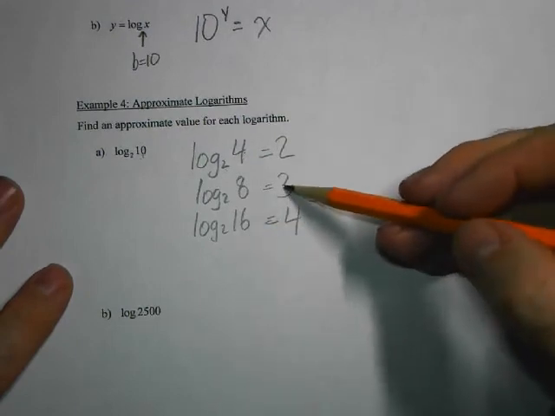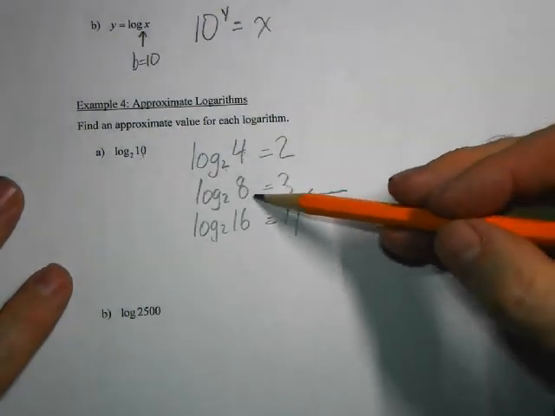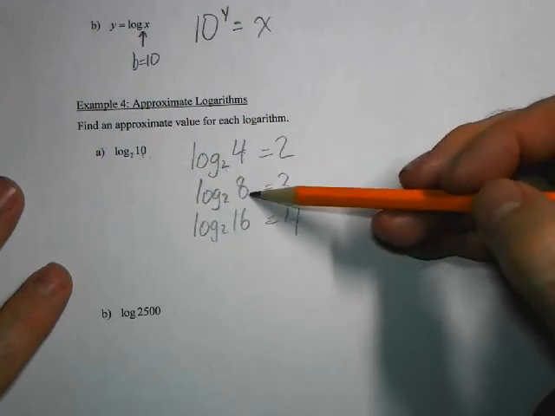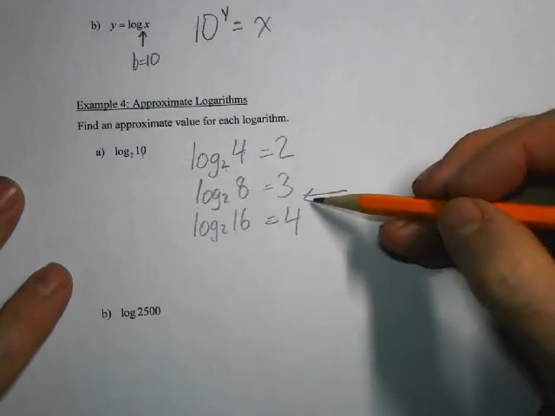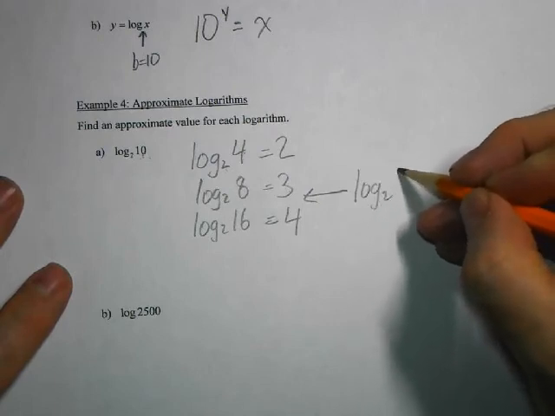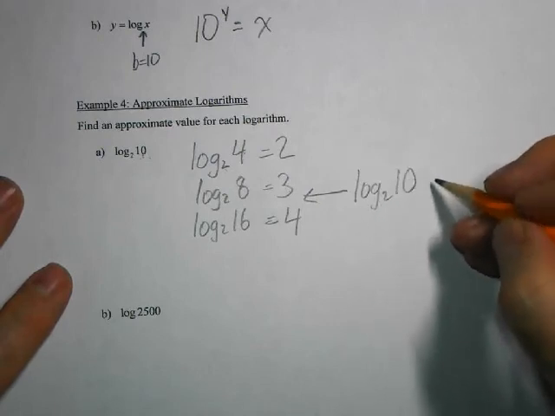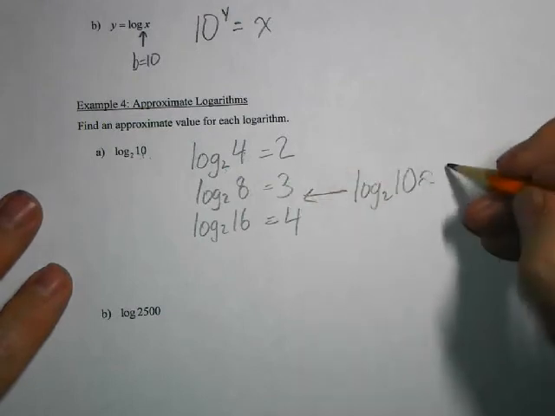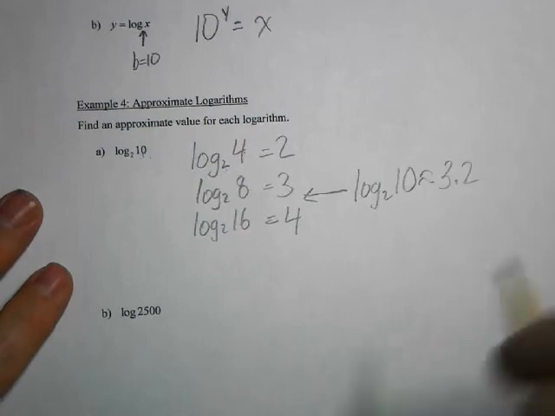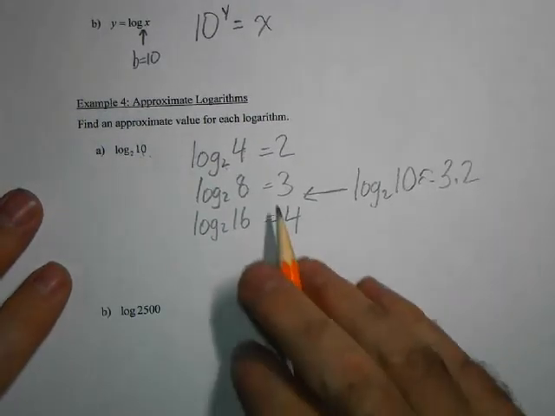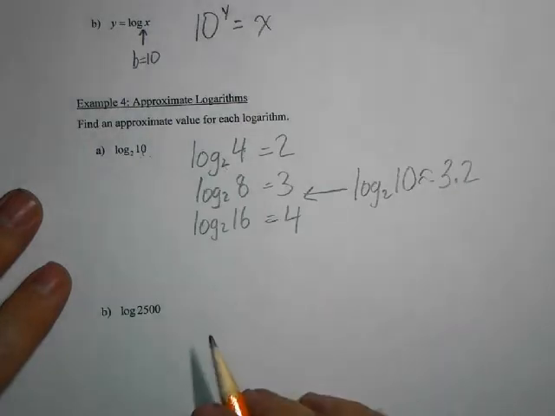The result would be closer to the 3 because 10 is closer to 8 than 16. So I'm just going to take a rough guess and say log base 2 of 10 is approximately equal to 3.2. I don't have a lot of proof or math process that says why I think that. That's just my intelligent guess, hopefully.